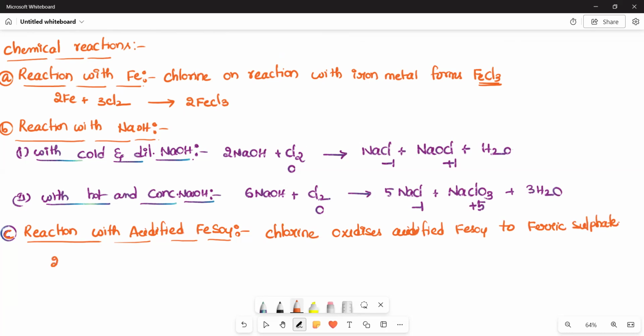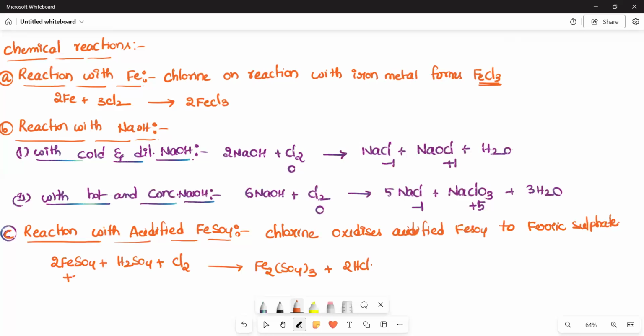So therefore it will be 2FeSO4 plus H2SO4 plus Cl2 gives rise to Fe2(SO4)3 plus 2HCl.